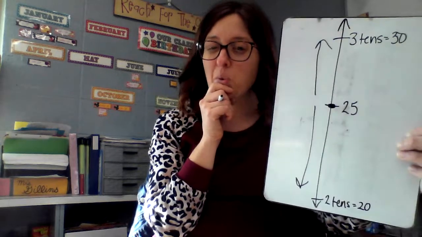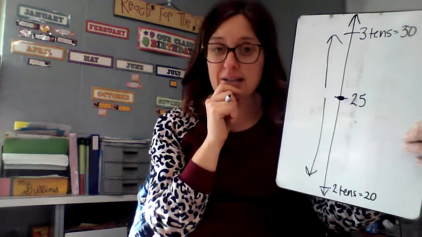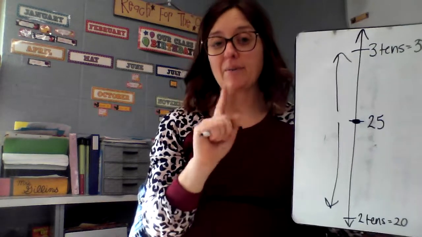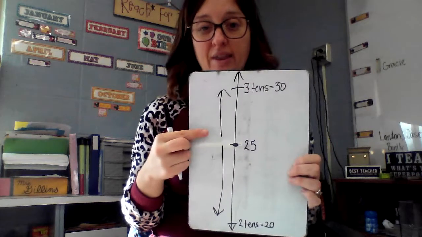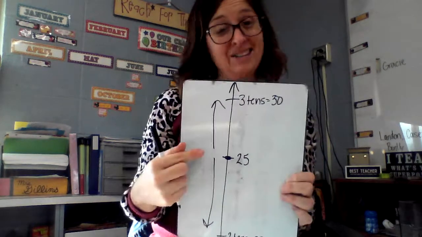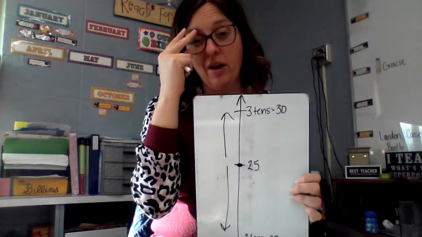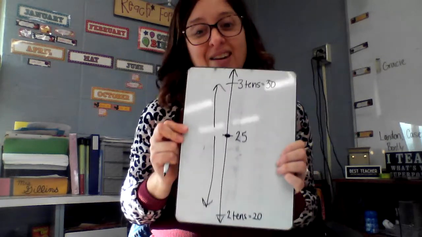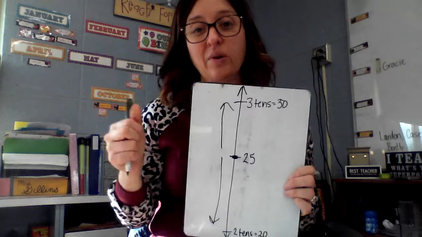So what do we do when a number is exactly halfway? Anytime a number is exactly halfway like this, because it's not more than halfway and it's not less, it's exactly halfway, we always round up, okay? Anytime a number is exactly halfway, we always round up.